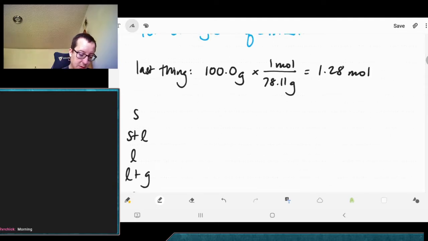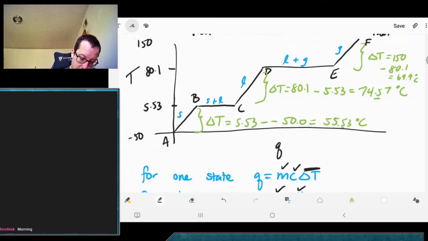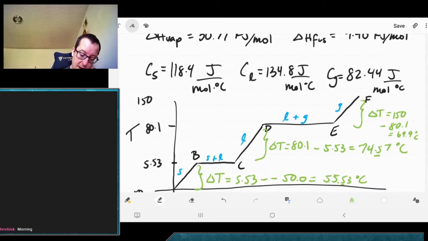And if we want to look at the solid part, the Q will be equal to the amount times our specific heat for solid and then the change in temperature. So we'll have our 1.28 there. Our C for solid is 118.4.